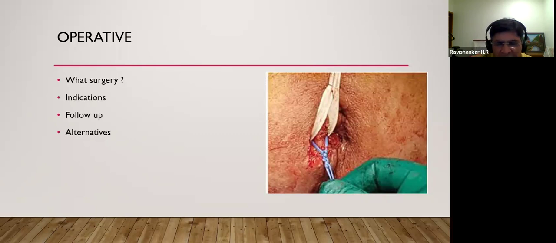The LIFT procedure probably is better for complex and high fistulas. I think there is one fellow, I don't know where he is, he's in Haryana or Rajasthan somewhere. He's definitely one of the authorities in India, and I think he may be one of the authorities in the world also. I think what he does is the LIFT procedure.